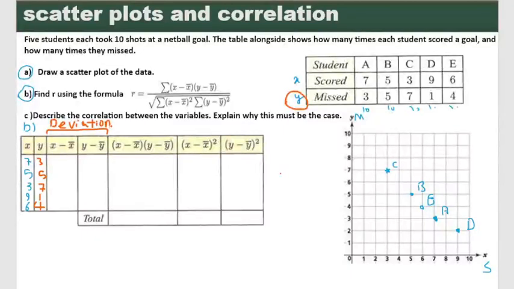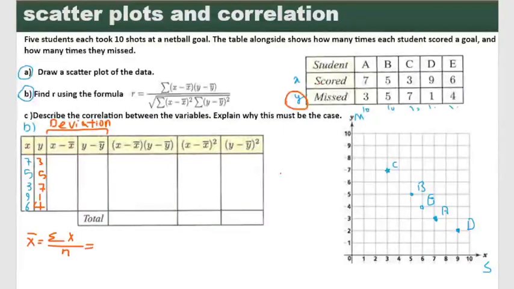What is the mean? For example, for x, the mean is the sum of all the values over the number of values, which I show with x bar, the sum of all x over n.